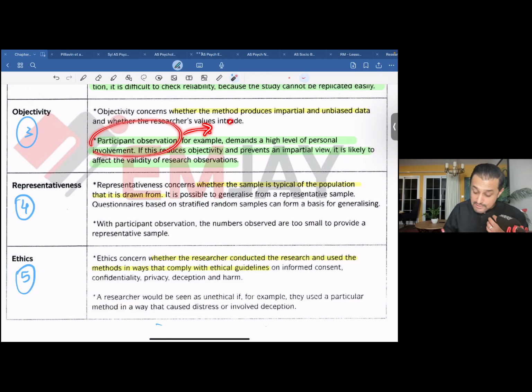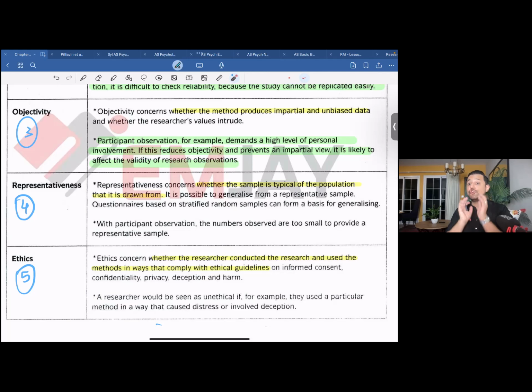So if your research lacks objectivity, the research validity gets affected as well, right? If your research procedure lacks objectivity, or while collecting data, if you're biased, right?